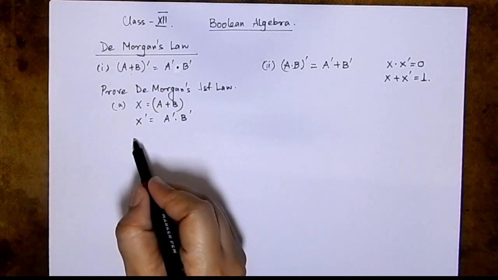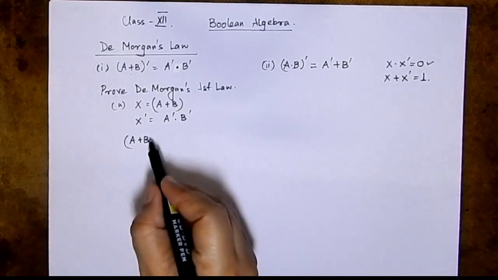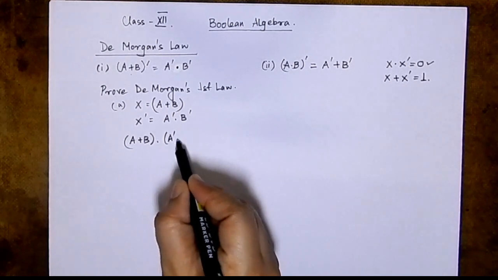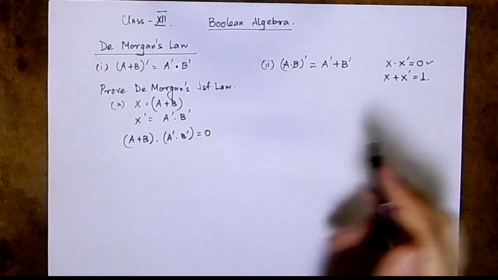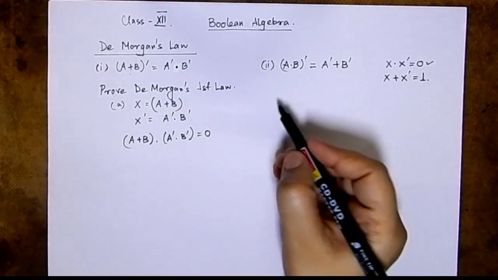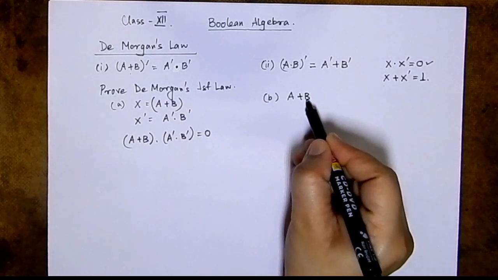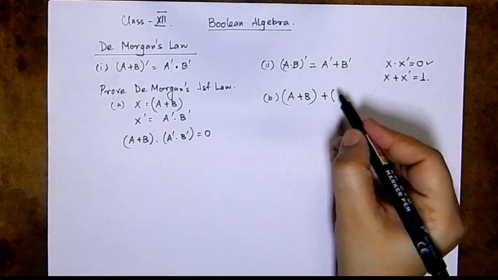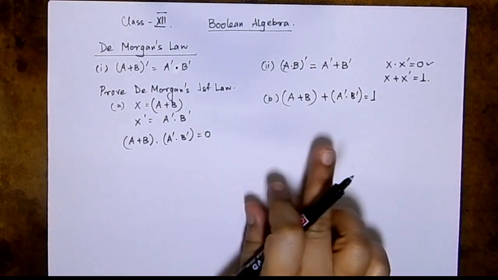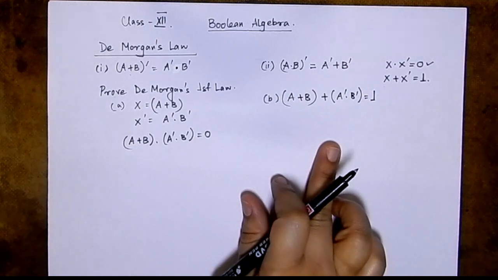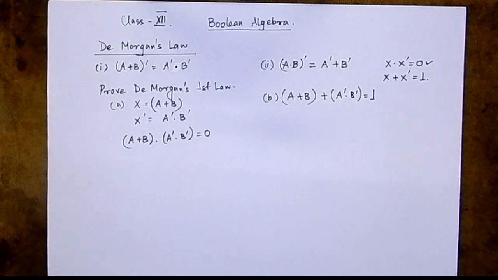One is that a plus b, dot a dashed dot b dashed, is equal to 0, and you also need to prove that a plus b, plus a dashed dot b dashed, is equal to 1. If you can prove both these equations, then you can say that you have proved De Morgan's first law.